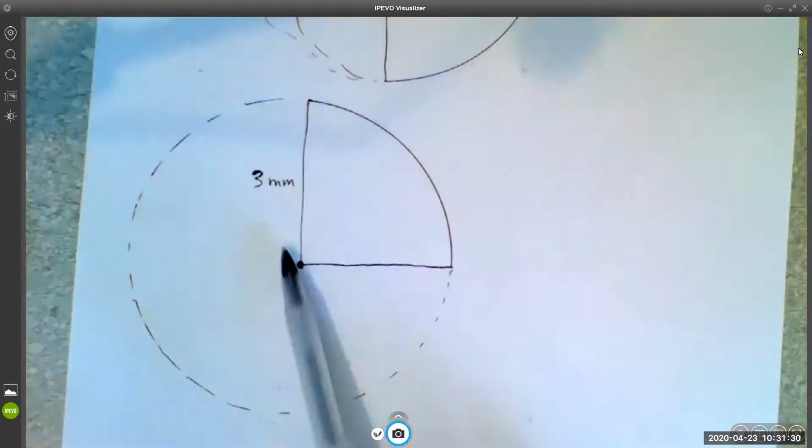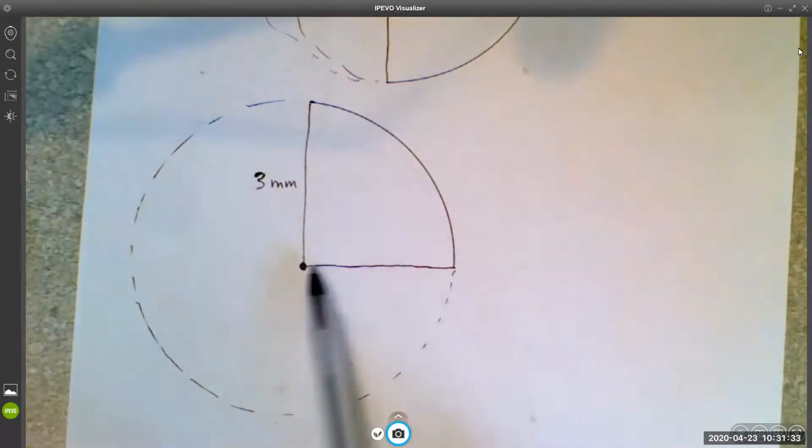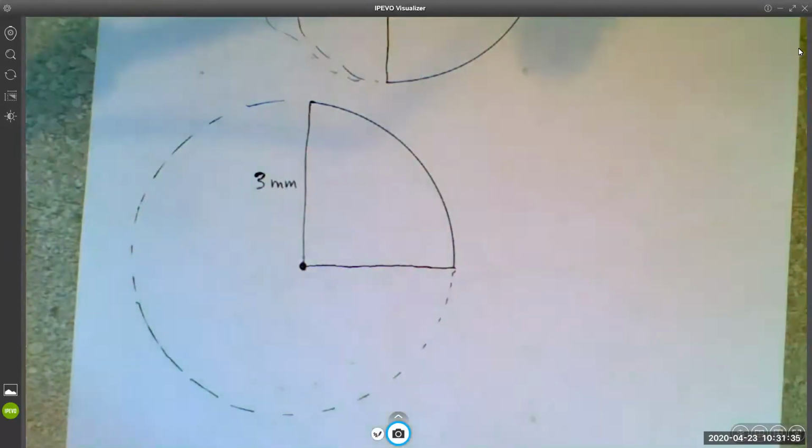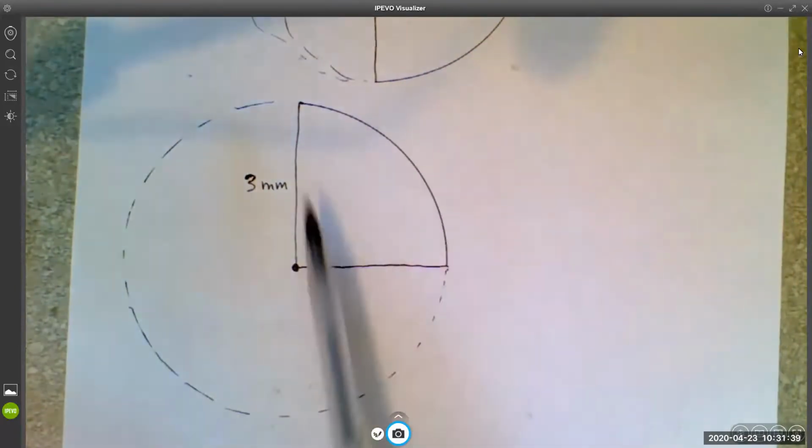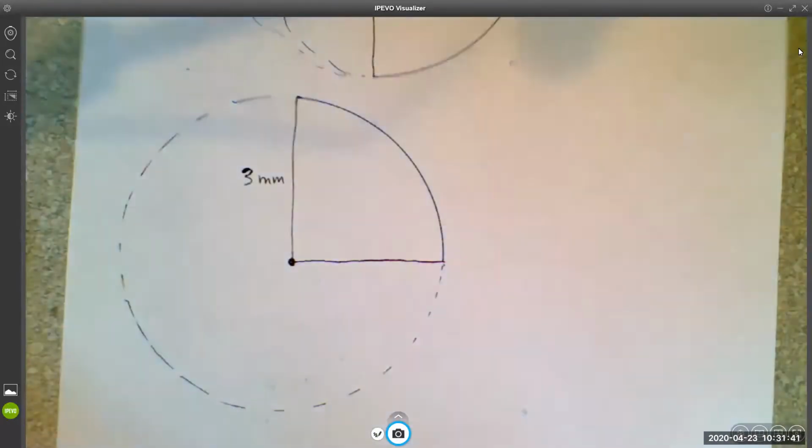But it should be the same as that segment there. They should be the same length because they're both going from the center of the circle to the edge of the circle. Anyway, give the video a pause, see if you can work out that perimeter.